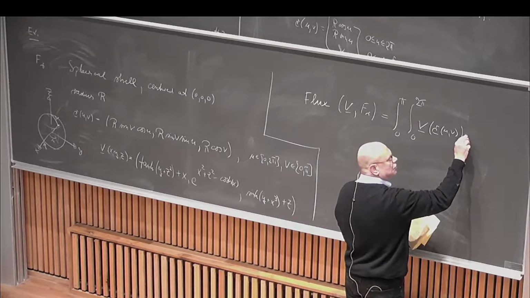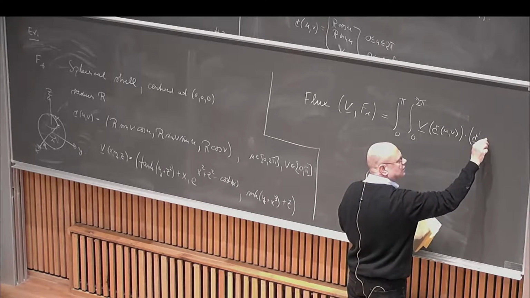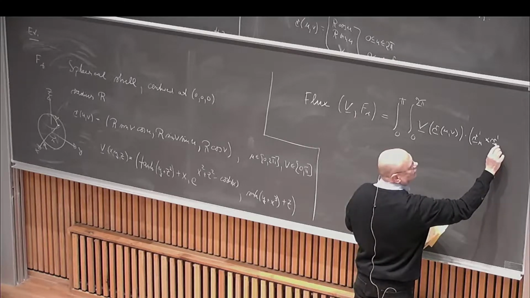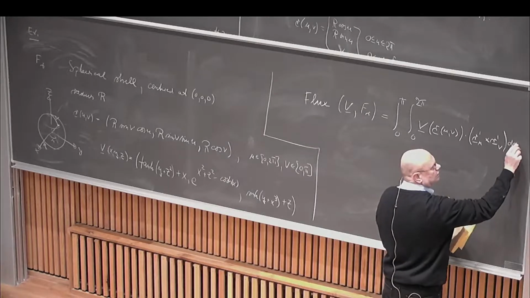And then you should multiply by the normal vector, that is the cross product of the partial derivatives, and then du dv.